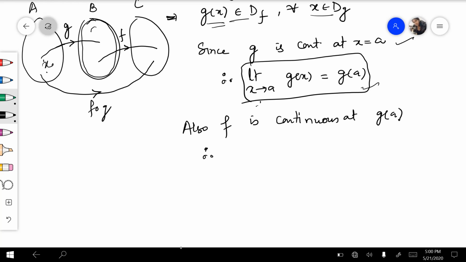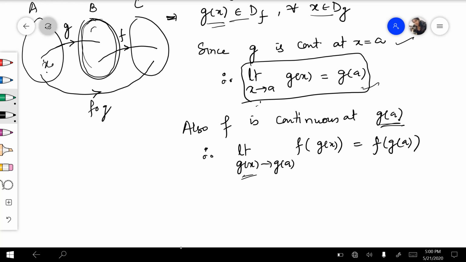Therefore, limit gx approaches to g of a of f of gx is equal to f of g of a. अगर ये फंक्शन g, a पे कंटिन्यूस है तो limit gx, क्योंकि domain of f will contain all gx that I have already given. gx is approaching to g of a, of f of gx is equal to image of f at g of a.